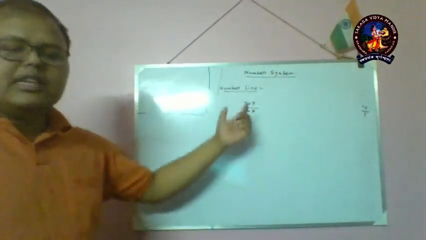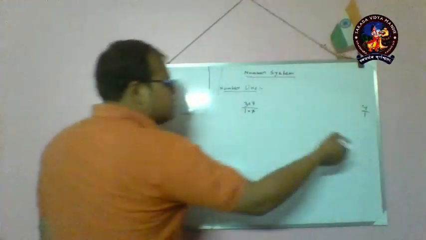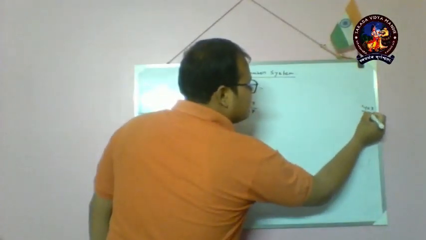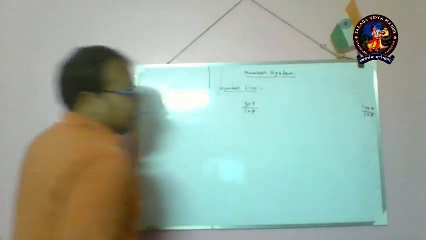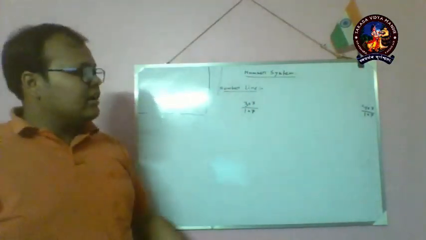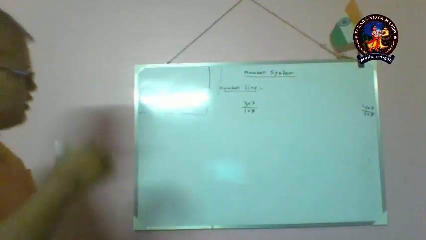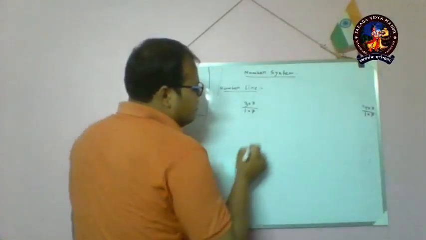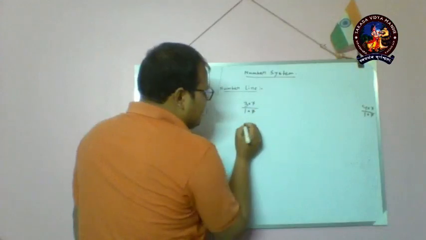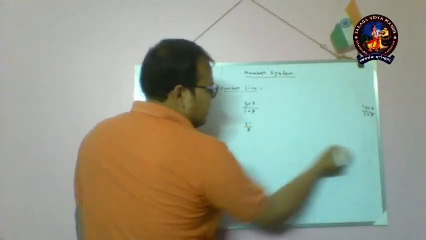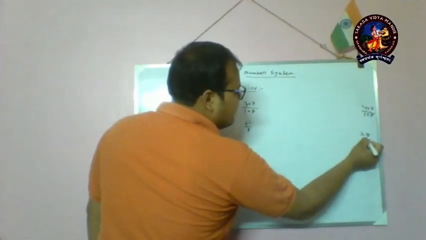And 4 also we are going to take as 4 into 7 by 1 into 7. So 7 we have multiplied in both the numerator and denominator, so it is adjusted. Nothing new we have written, which is nothing but 21 by 7 and 28 by 7.